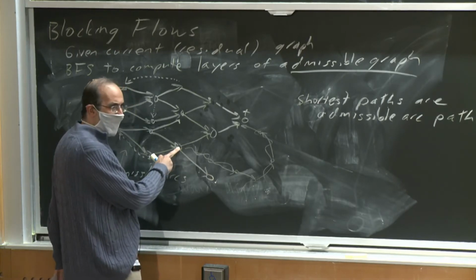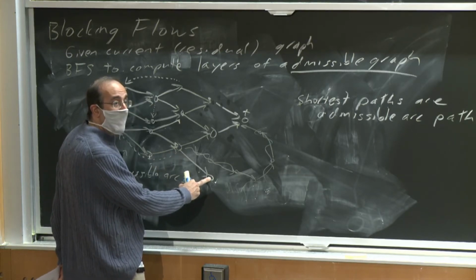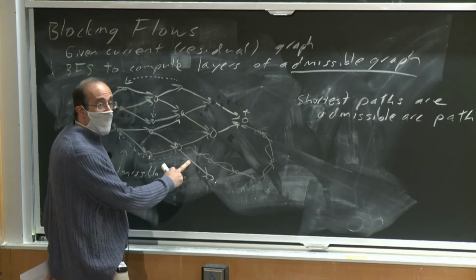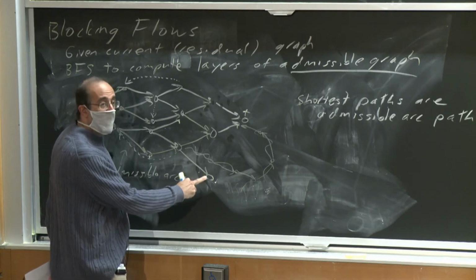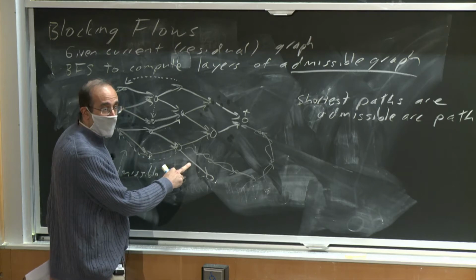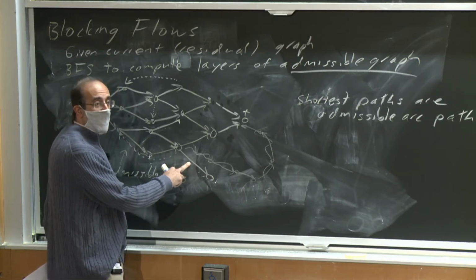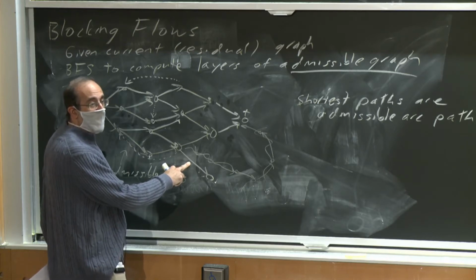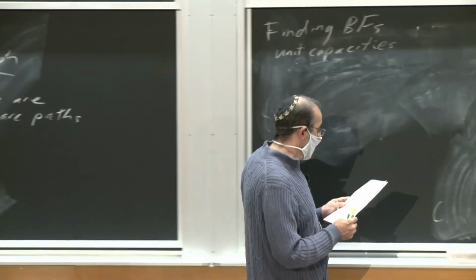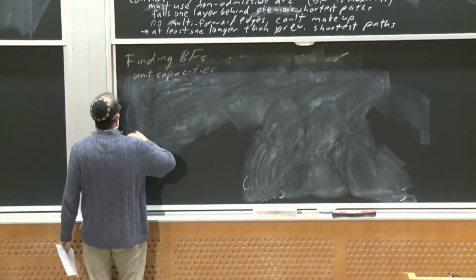Did that backtrack tell me anything besides the fact that this vertex is useless? The edge is also useless. If I took an edge to a dead end, then that edge cannot carry any blocking flow. So I can delete this edge. That'll just prevent my having to pay attention to it in the future. Okay? So now we've got the pieces of our blocking flow algorithm.